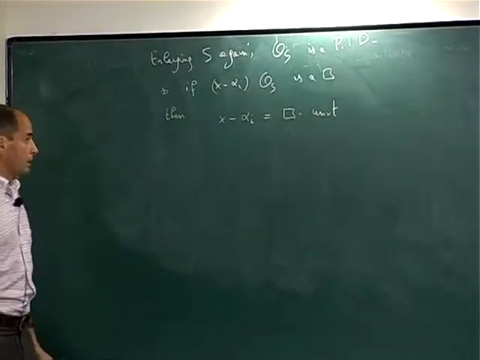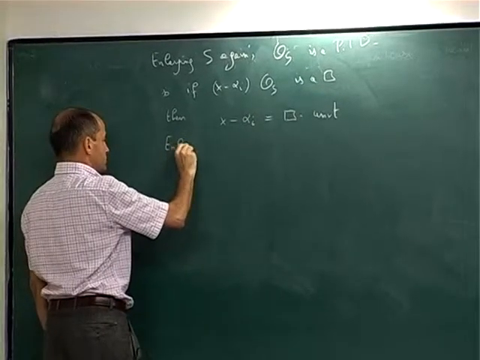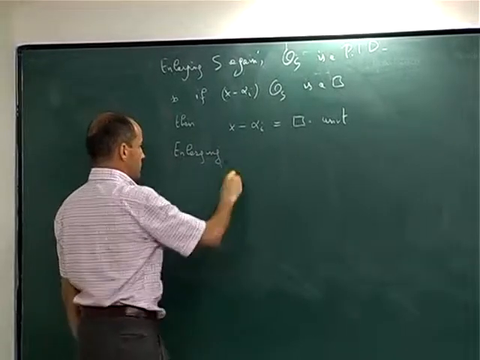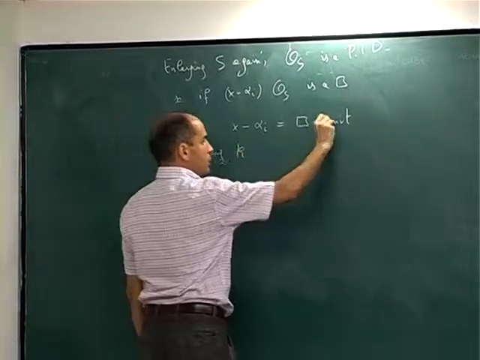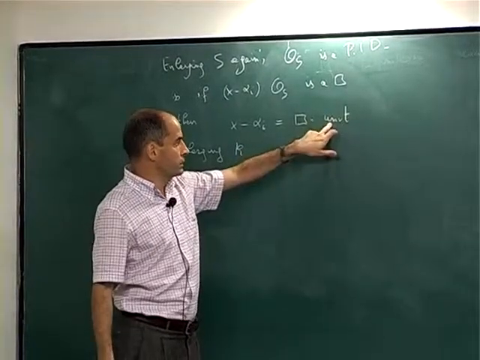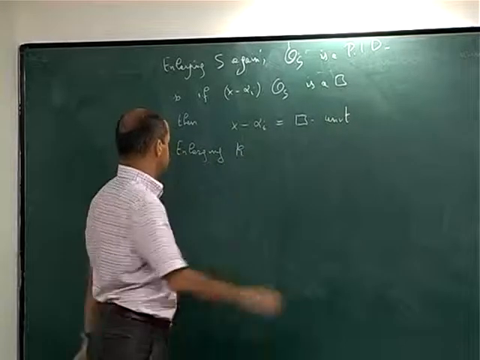Okay. And enlarging k, you can suppose that all the units in the previous field are squares.